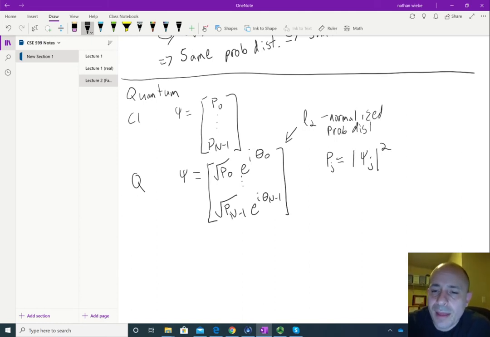What I mean is that it's not like an ordinary probability distribution, because we've got these funky things over here. These are complex numbers, but they're unit length.